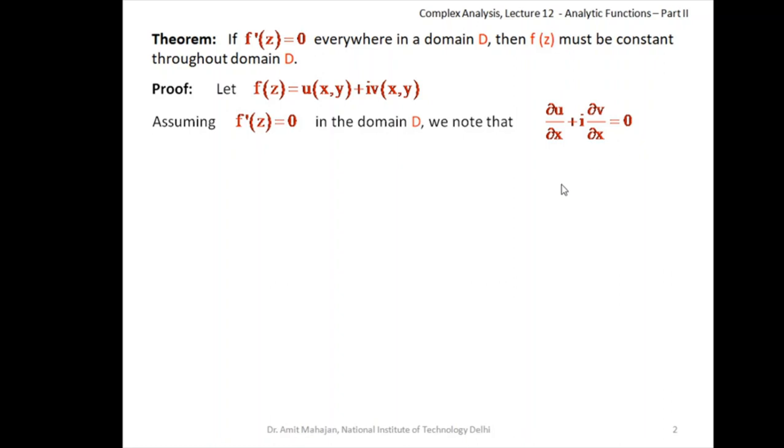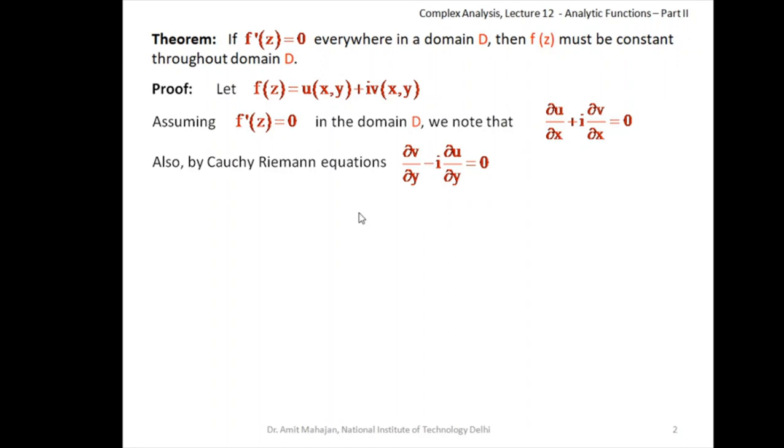Also, the Cauchy-Riemann equations hold because the derivative exists. So by the Cauchy-Riemann equations, u_x is v_y and v_x is minus u_y. So by the Cauchy-Riemann equations the derivative f'(z) can also be written as ∂v/∂y minus i ∂u/∂y, and because the derivative is 0 this must be 0, and so the real part ∂v/∂y must be 0 and the imaginary part ∂u/∂y must be 0 throughout the domain.